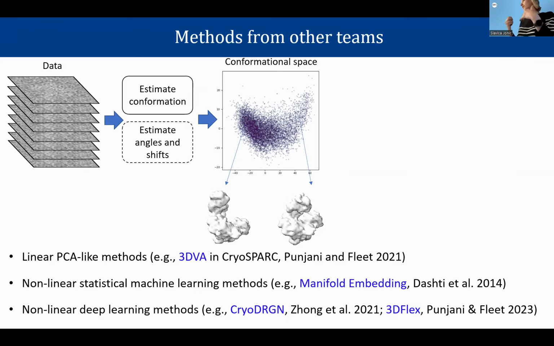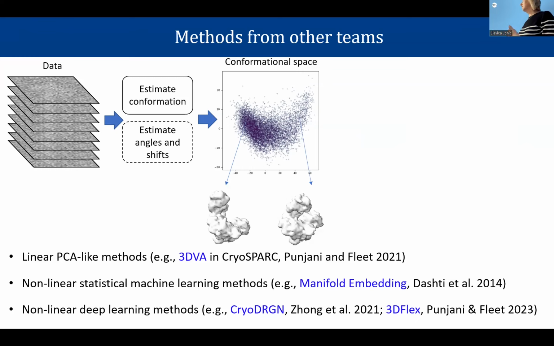Yes, we are now going back to what I criticized before. So these classical classification methods get the initial angles and shifts, and then some will work with these initial angles and shifts and will never refine them. Some will try to refine these angles and shifts during the procedure, but at the end of the day, they will all get this kind of representation.